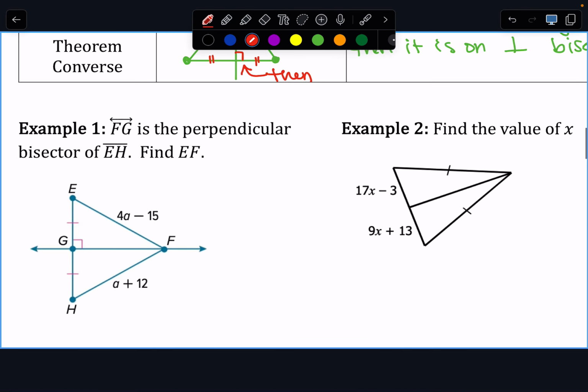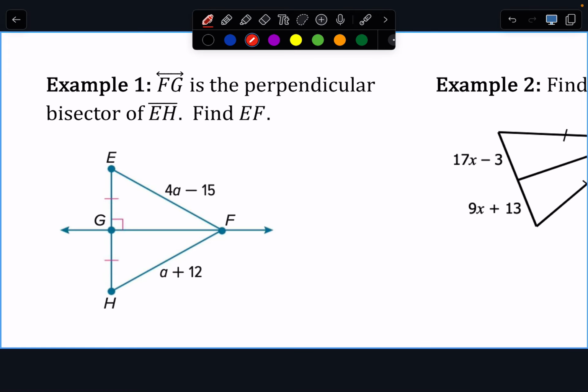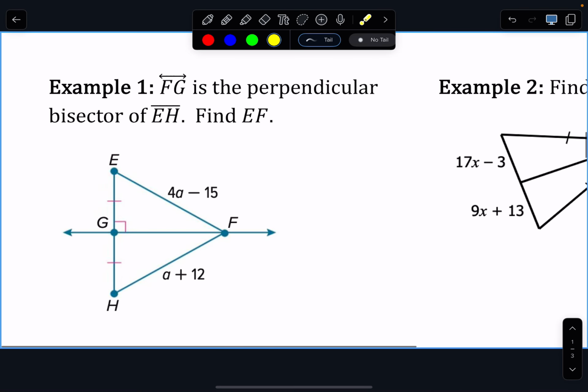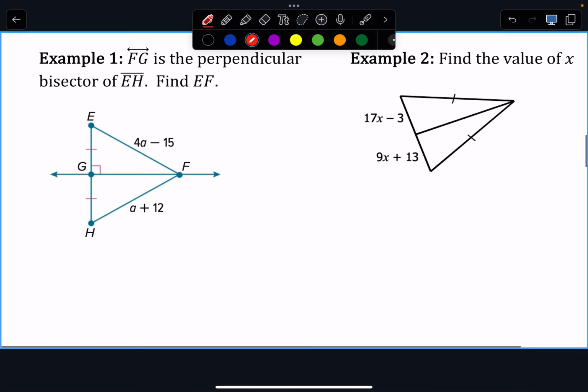Okay, so look at example 1. I'm telling you that FG is the perpendicular bisector of EH. Now, I wouldn't need to say that because you can tell from the diagram. So if we have this perpendicular bisector, what has to be true about EF and HF? Okay, so we can say, cool, 4A minus 15 equals A plus 12.